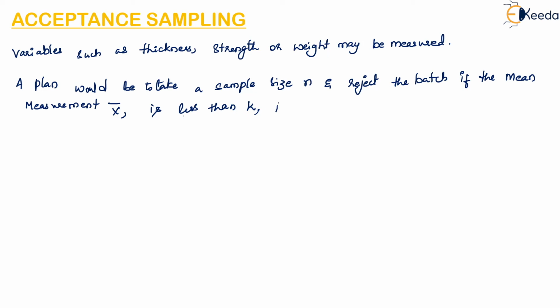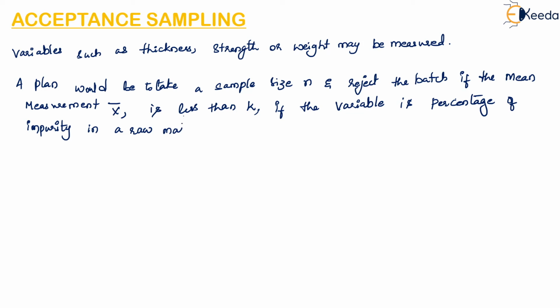So if the variable is percentage of impurity in a raw material where a small value is desirable, the percentage of impurity value must be less.